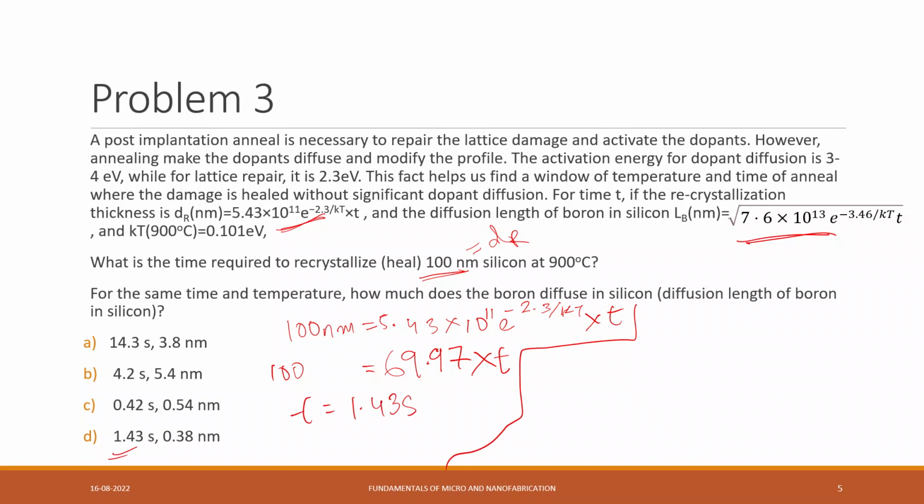The second is, for the same time and temperature, how much does the boron diffuse in silicon? Similarly, you have to put the values in this formula, L_B equal to 7.6 into power 30. So you calculate, and you will get this value of 0.3.